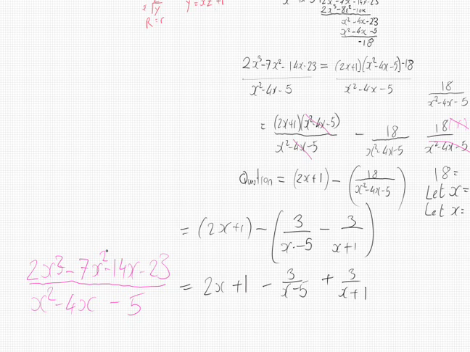Not only that, they also have the same domain. The domain here is all real numbers except the numbers that make this 0. And if you look here, the domain is all real numbers except the ones that make this 0. So what x can you not allow here? 5 and minus 1.